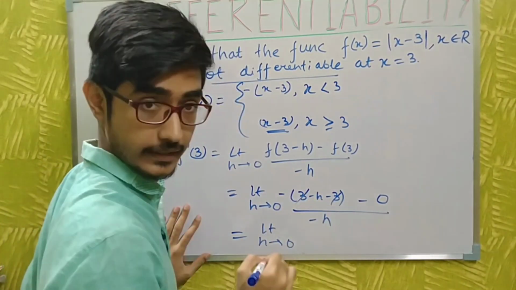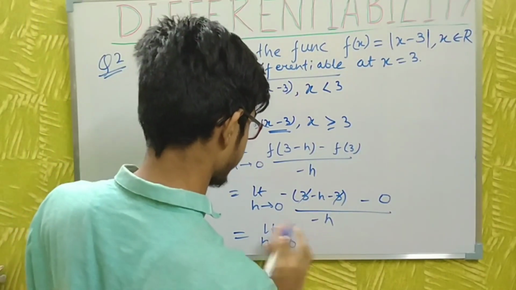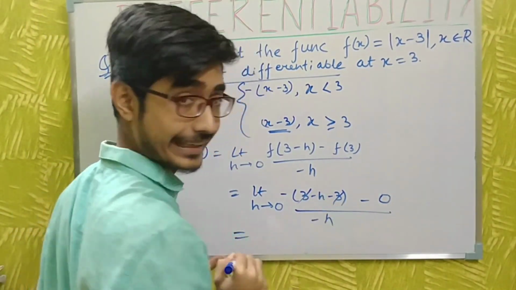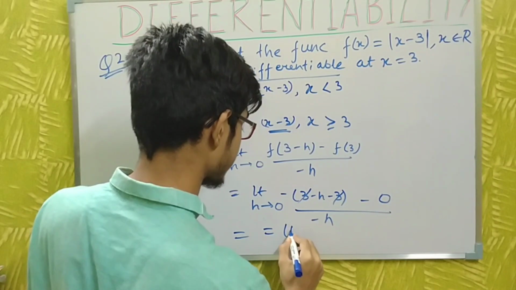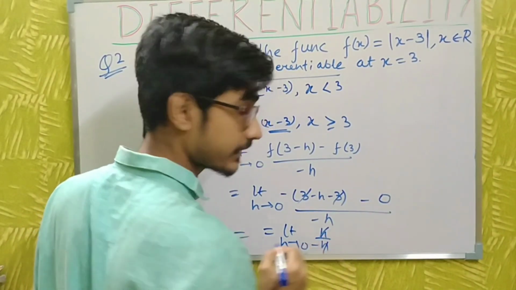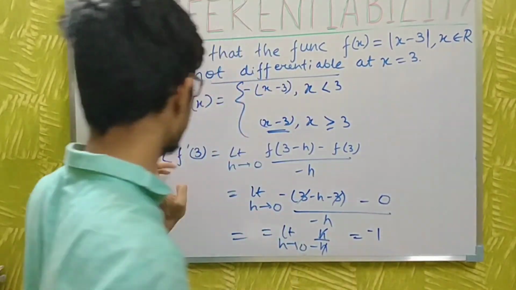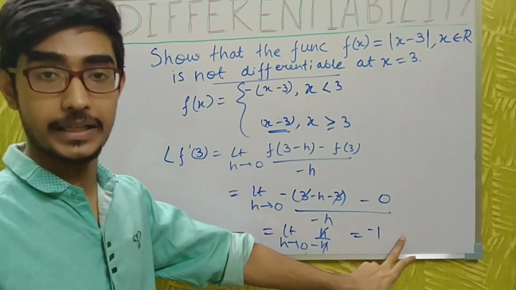Here 3 and 3 cancel, and h becomes positive, so it will be h by minus h. Here h and h cancel, so it will be minus 1. The value of the left hand derivative is equal to minus 1.